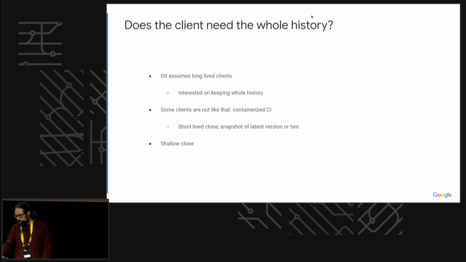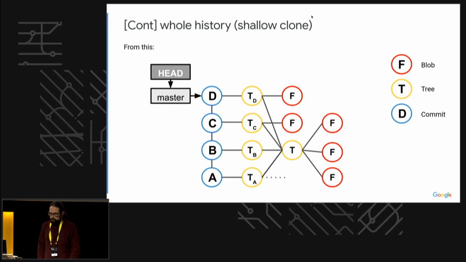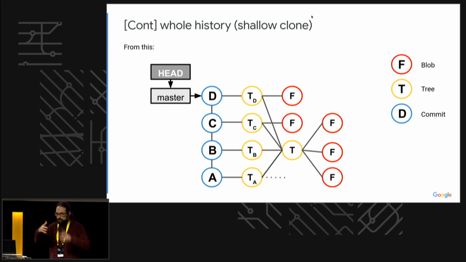So then we have the option of the shallow clone. Conceptually, a shallow clone is very easy. If you have a tree like this with the commits A, B, C, and D, each one has its tree, which inside can have other blobs and files, and maybe other nested trees, and all this structure spanning out.